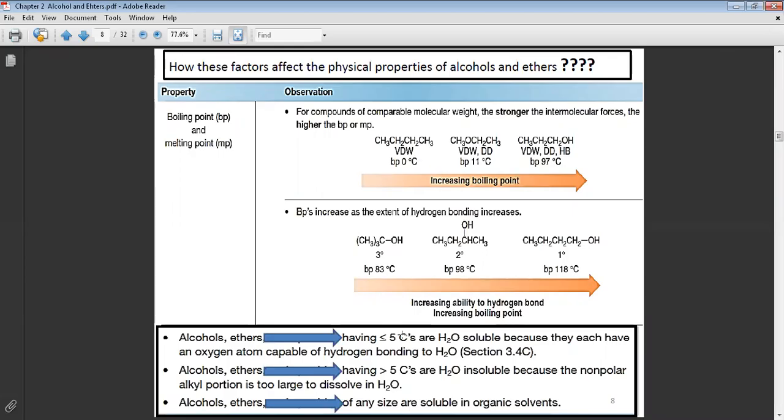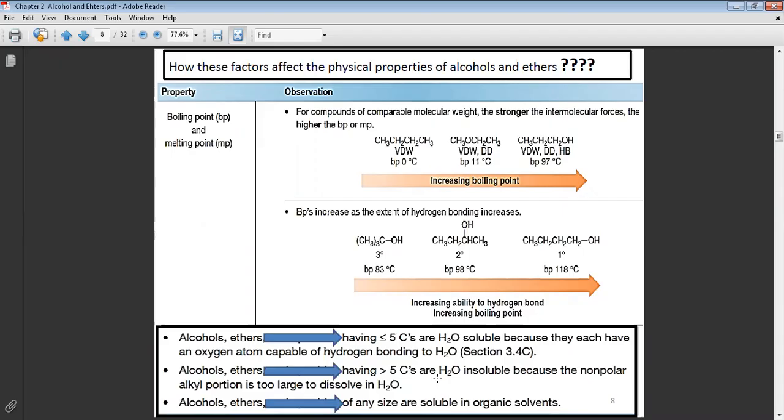Now, alcohols and ethers having more than 5 carbon atoms are not H2O soluble. Okay, 6 carbon atoms and more than 6, it will be insoluble in the water. Why? Because the size of the alkyl group, the hydrophobic group, will be bigger.